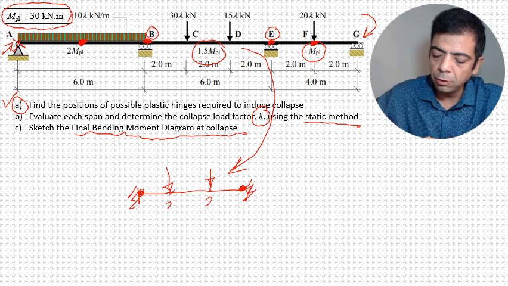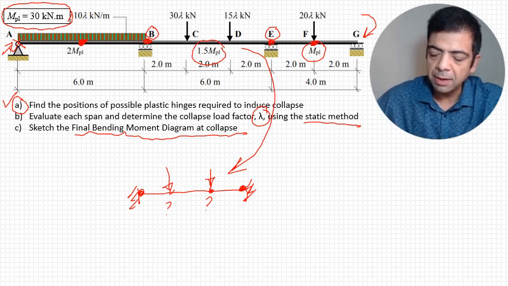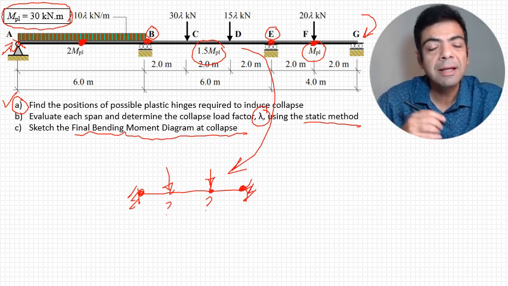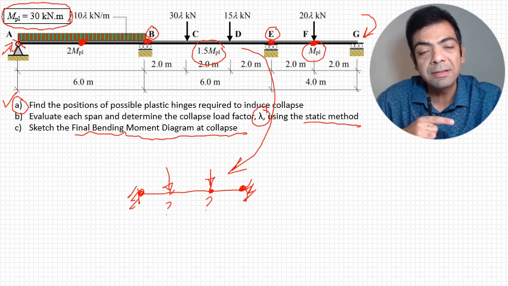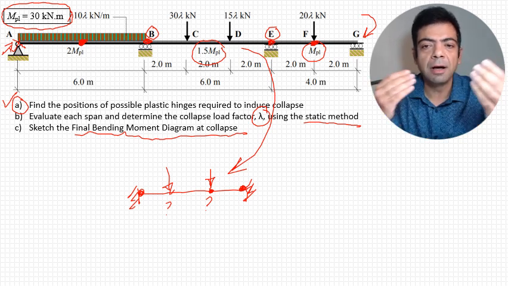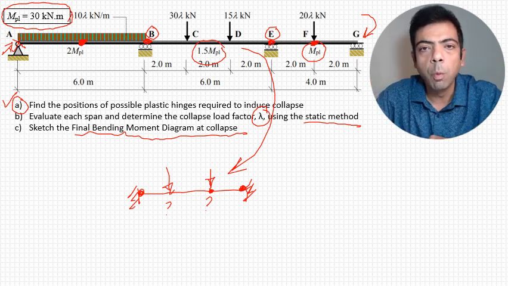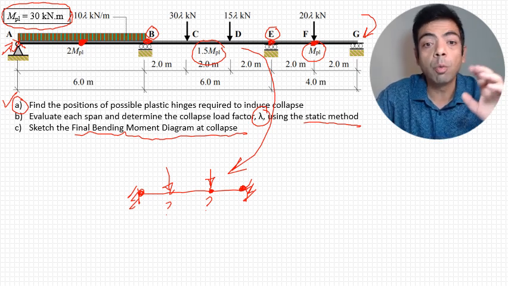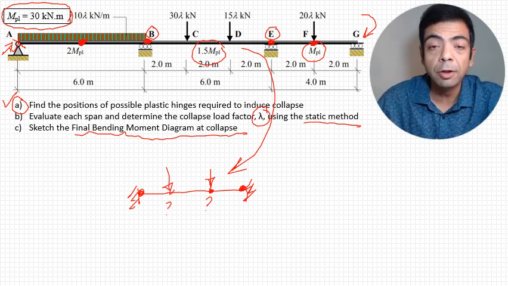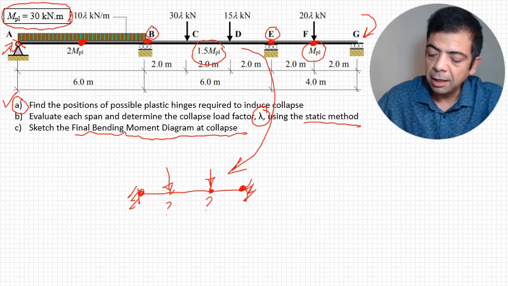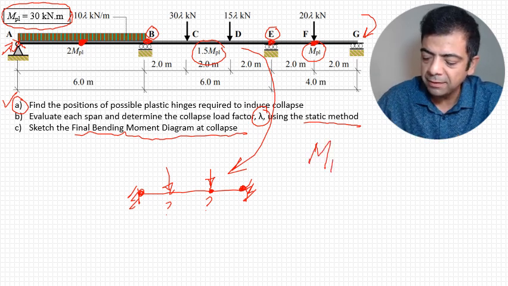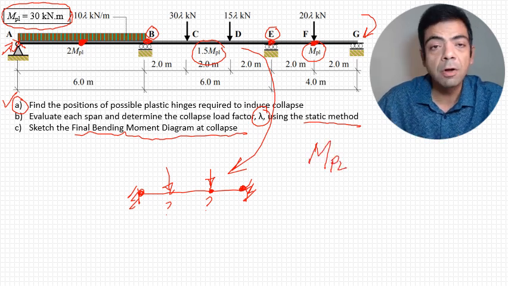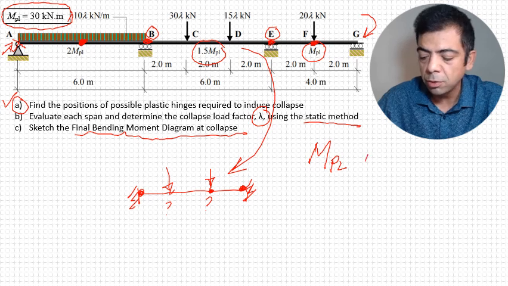We will assume that it's at point D first, and then we'll assume it's at point C, and judge whether we're trying to calculate M plastic or the load factor. If we are looking for M plastic, we solve all the spans and we choose the maximum.